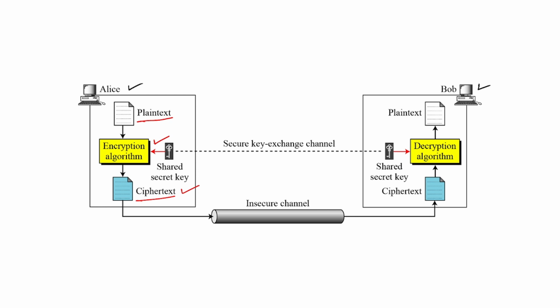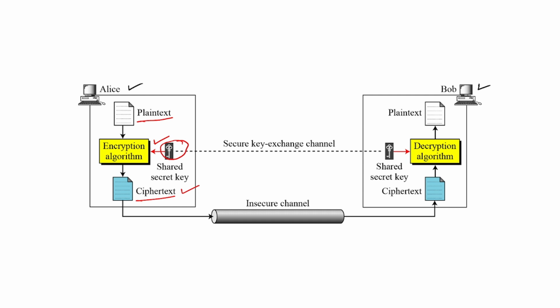For this encryption algorithm, we need to give a key. The key is called the secret key, known only by Alice and Bob. It is called a shared secret key between Alice and Bob. Plain text means the original text, and ciphertext means the converted text in unreadable format.